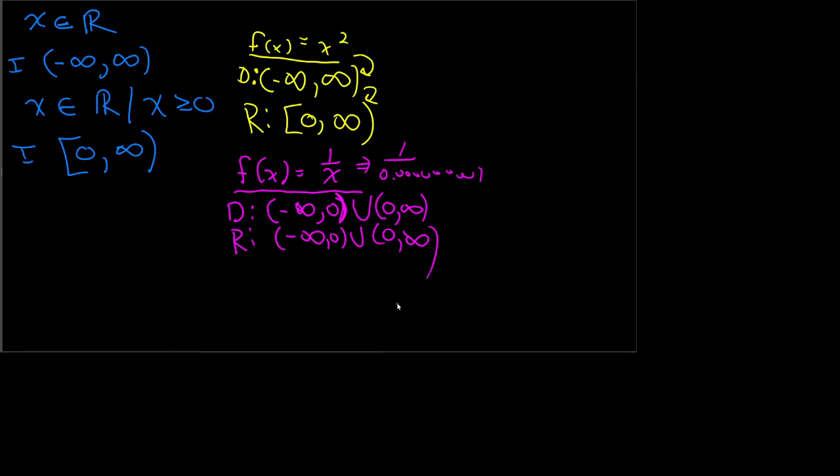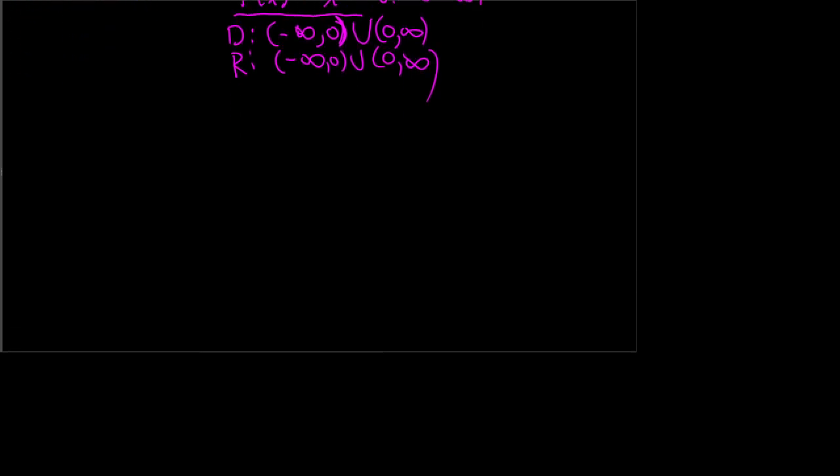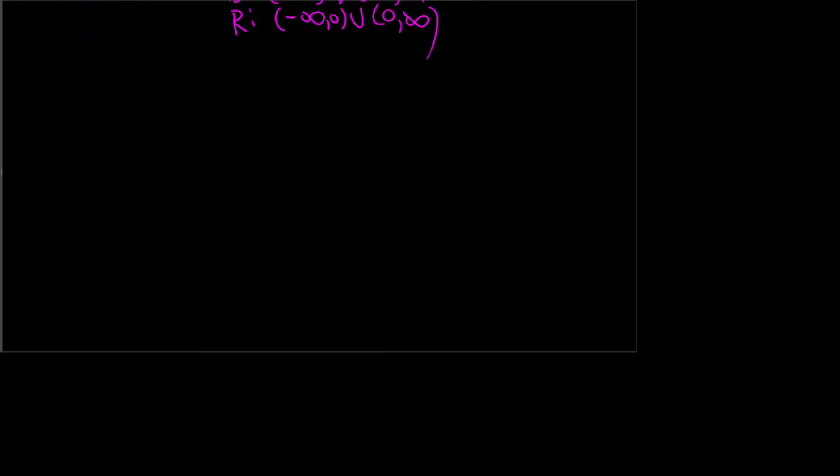The general restrictions we have in domains come from two things. Since we're mapping from real numbers back to real numbers right now, we end up with two rules that really drive any restrictions we have on our domain.